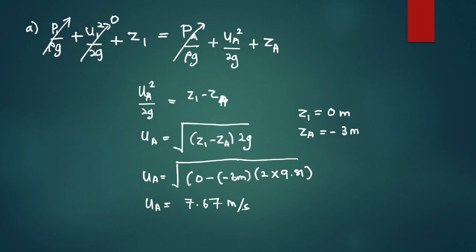Now we have to calculate the discharge. Am I right? Discharge at pipe A. So the discharge QA is equal to UA times AA. So UA is 7.67 meter per second. And then AA is the cross-sectional area.